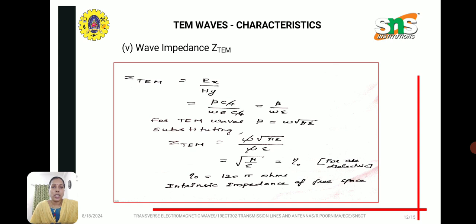By substituting Ex and Hy, we get beta by omega epsilon. After substituting the beta value as omega square root of mu epsilon, we get square root of mu by epsilon, which is known as the intrinsic impedance. For free space, this value is equal to 120 pi ohms.